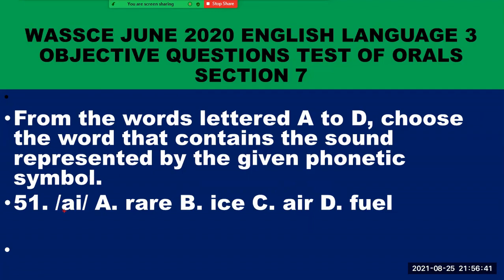Now, we are given the phonetic symbol for the sound. This is a diphthong.